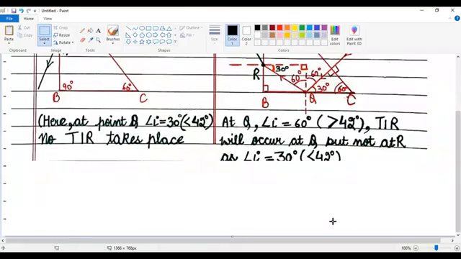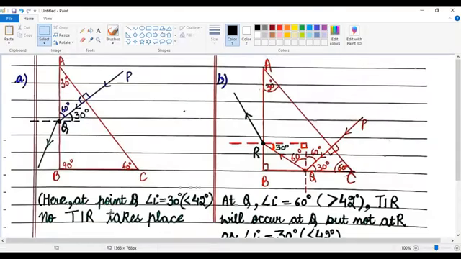So if we complete the ray diagram of figure number 3, in this case, the light ray was incident from point P above the half of surface of prism AC.